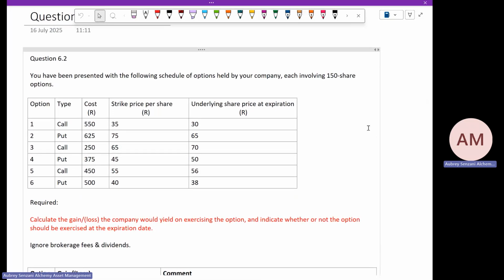They tell you the cost: you paid a premium of 550, and your strike, in other words the price at which we can buy, is 35 Rand. Then the underlying share price at expiration. These are European options, because European options you can only execute at the end. American options, you can execute at any given point in time.